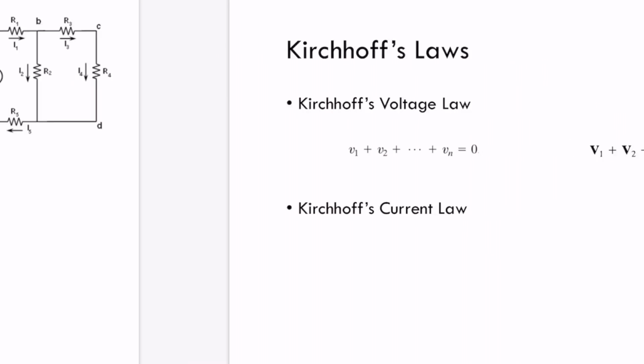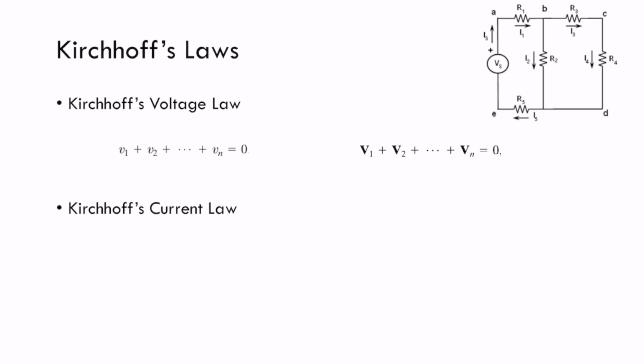What does the voltage law say? If you take a loop in this circuit, for example this loop, or I can take this outer loop also, then the sum of all voltage drops at every part is zero.